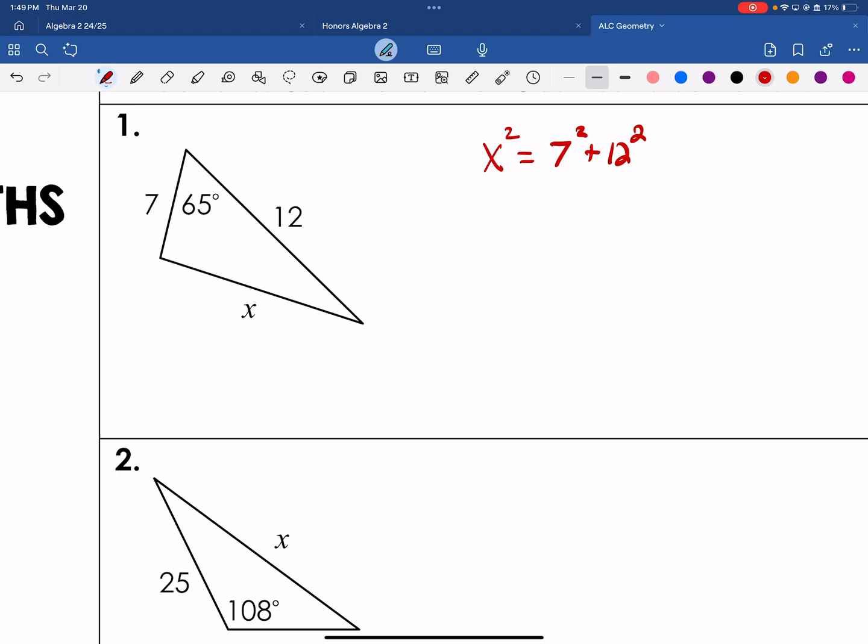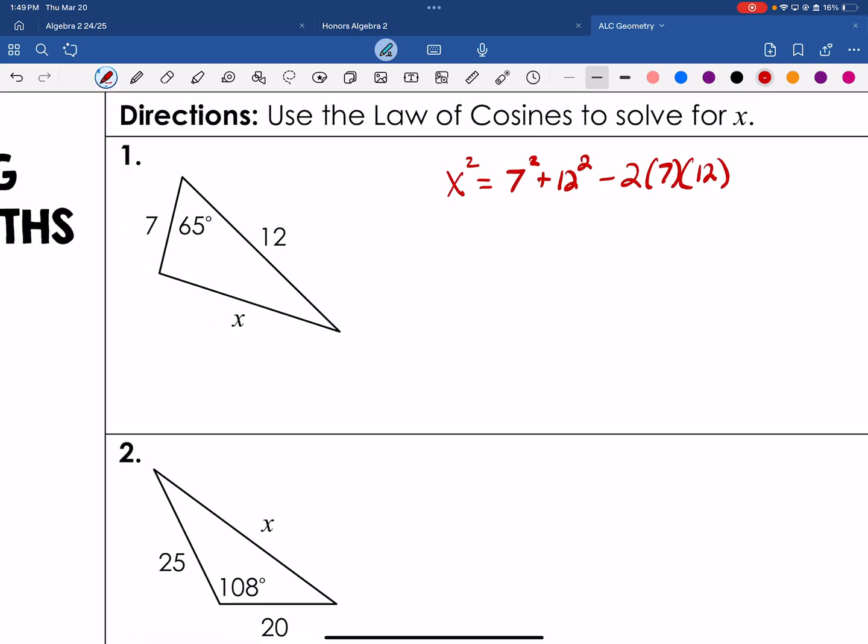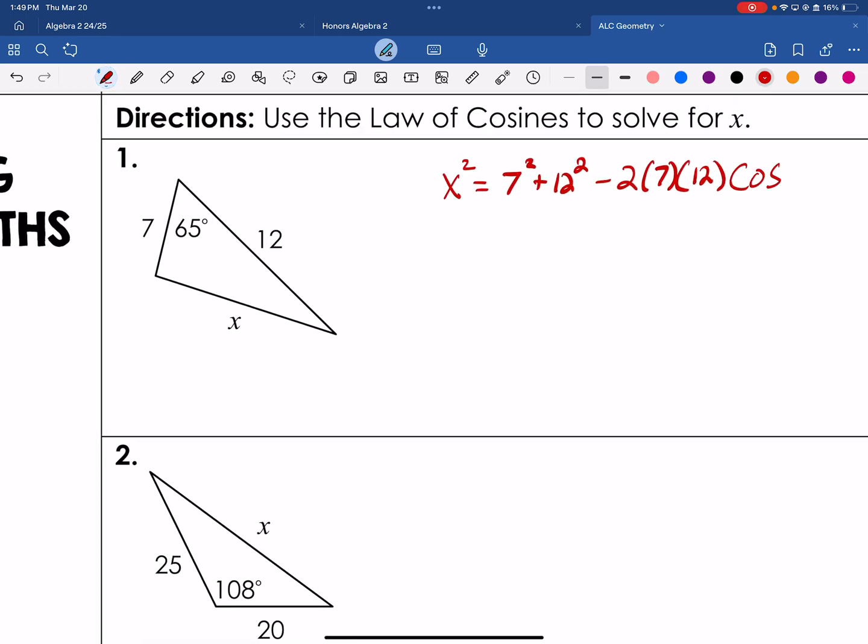It's the same thing. Minus 2. It's always minus 2. Now we're going to take the 7 and the 12, times the cosine of the angle that we know, and the only angle that we know is 65.